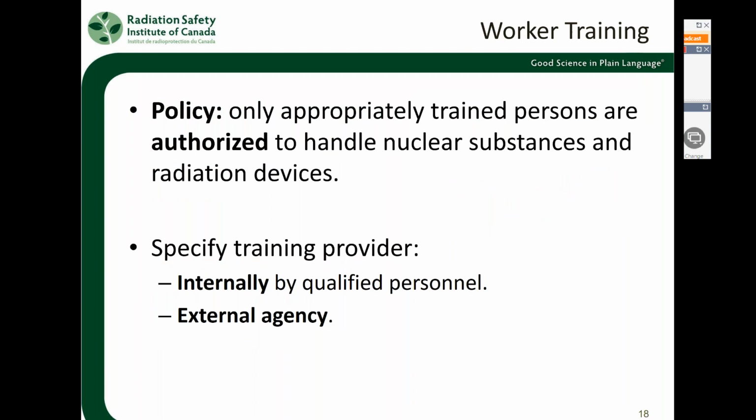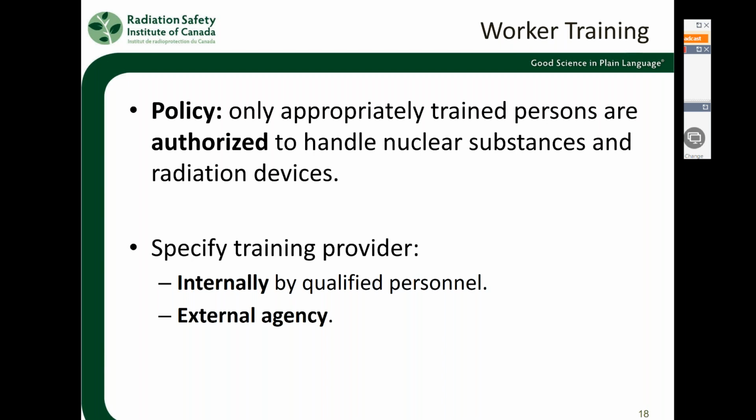Training is a big thing that's come up of late, and is a very important part of your radiation safety program. So you want to have initially a policy stating that people who are going to be handling nuclear substances will only be authorized to do so after they have had training.